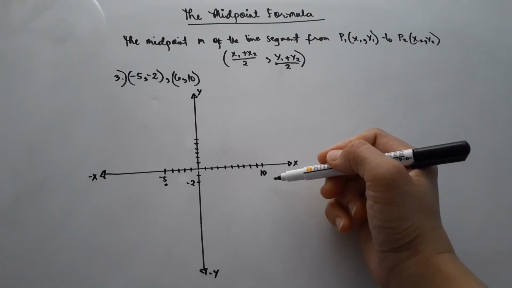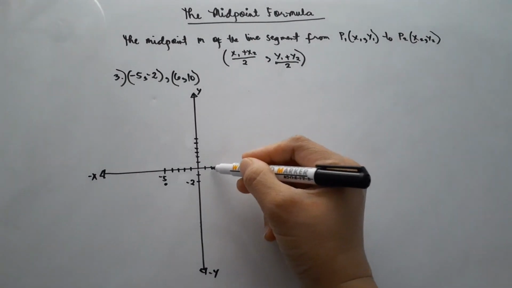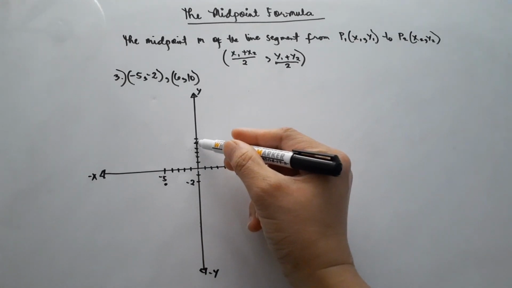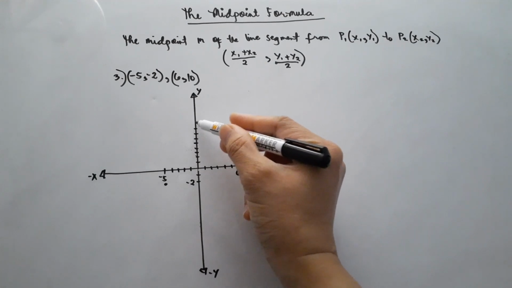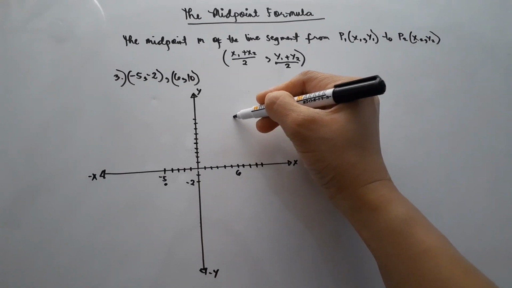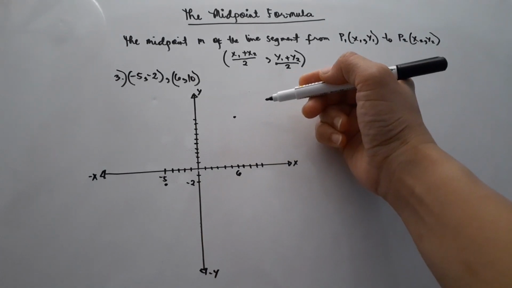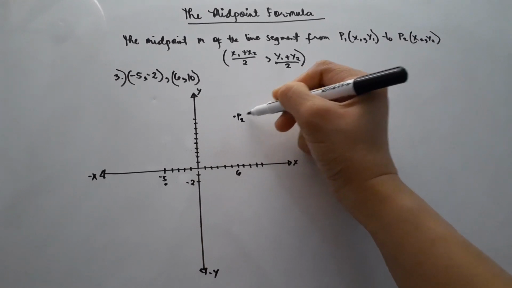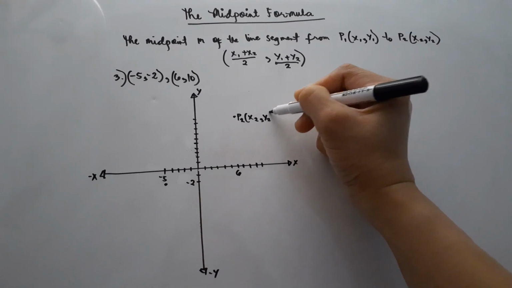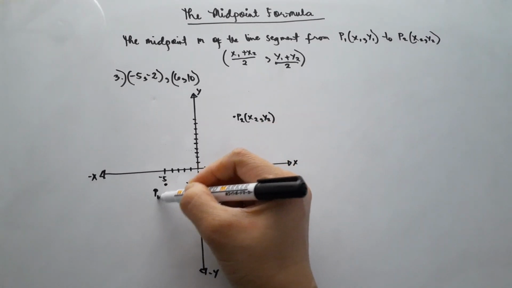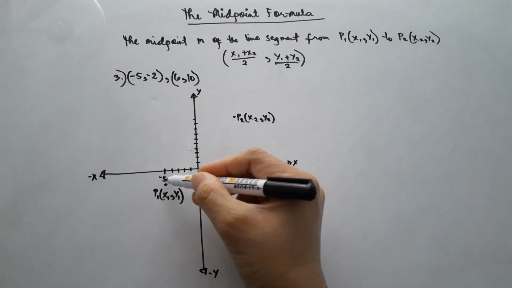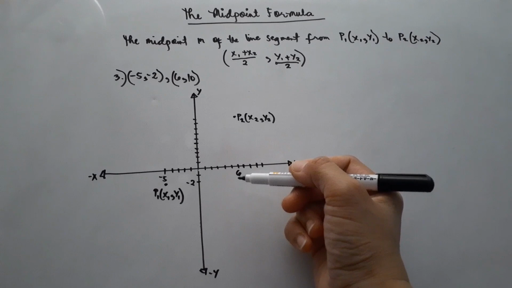So we can locate its vertices here from units 6, going upward to 10 units, so we have 10 here. So we can put here 10. This is our point, so we have x sub 2 and y sub 2. And then we connect each endpoint. So this one is our point 1, x sub 1 and y sub 1. And then we connect each endpoint.